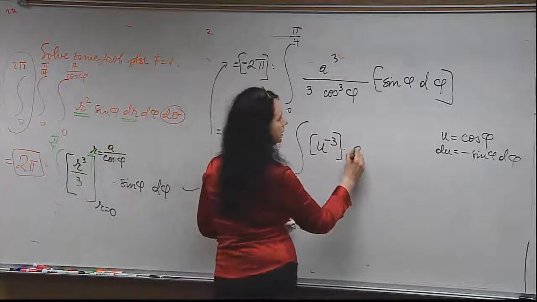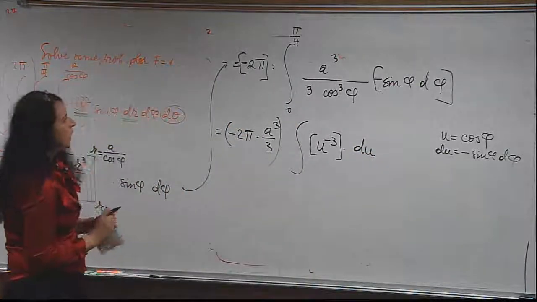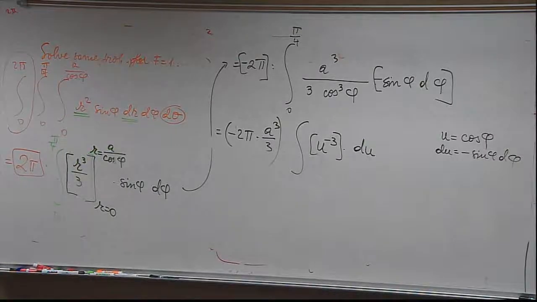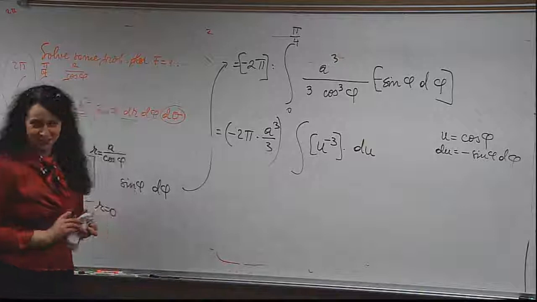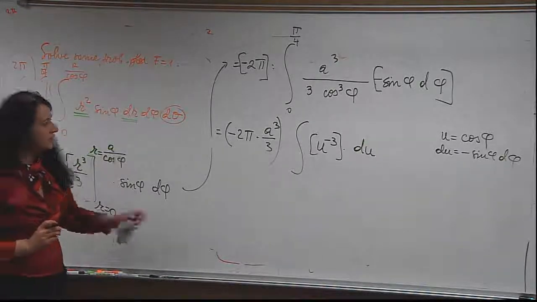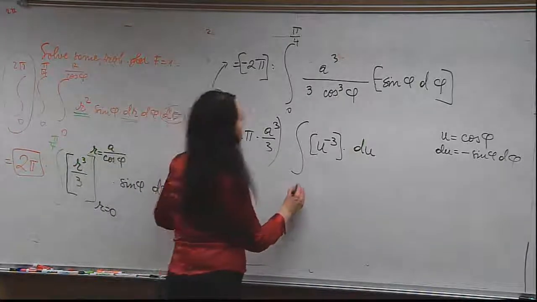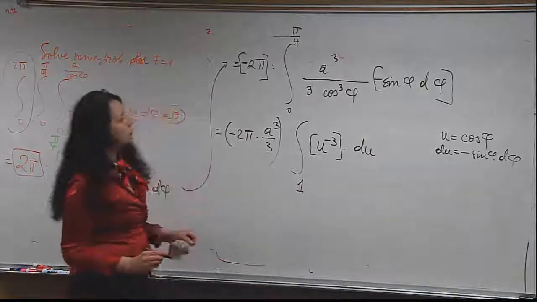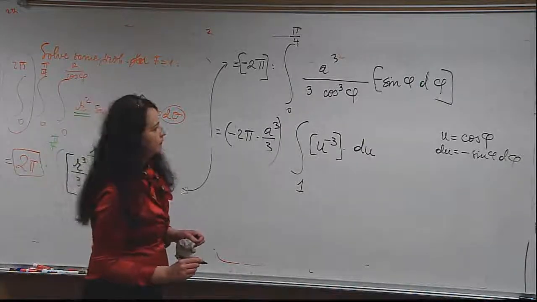And I'll say du. The limit points, of course I can do by myself, but I pretend that I need your help. What will be u when phi is 0? 1. What will be u when phi is pi over 4?